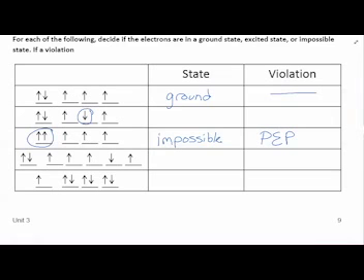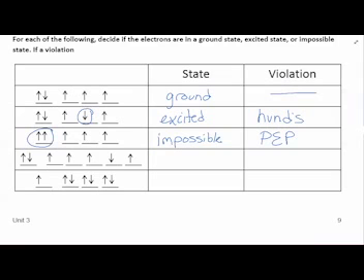So that electron is excited. So it has an excess of energy. So it's in its excited state, it's spinning in the opposite direction. So it will eventually return to its ground state where something else will happen. But right at this moment it is an excited electron. So this is violating Hund's rule. Hund's rule states that you have to add 1 electron to each orbital of the same sublevel before you pair.